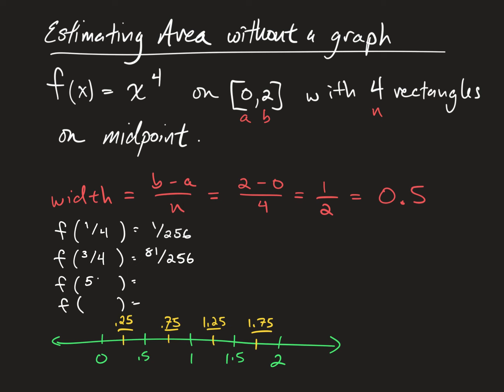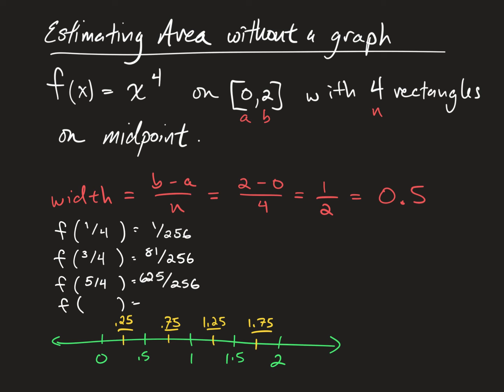1.25 is 5/4, and when you raise that to the fourth power, what do you get? 625 over 256. And look at that pattern starting to emerge: 256 over 256 over 256, because each of these denominators is 4. The denominator, after you raise it to the fourth power, will be the same.